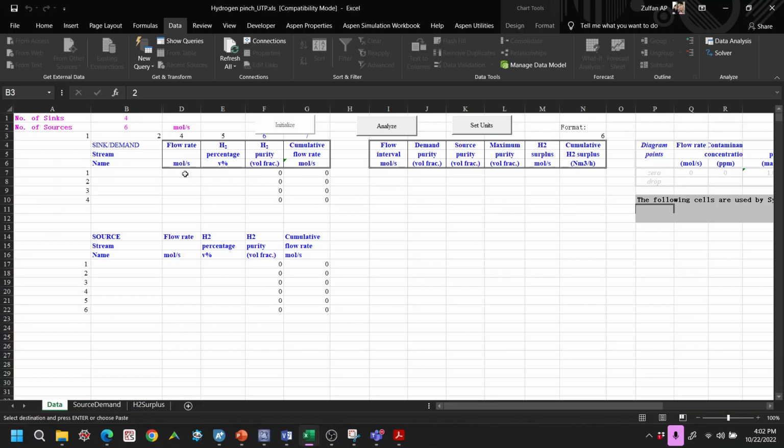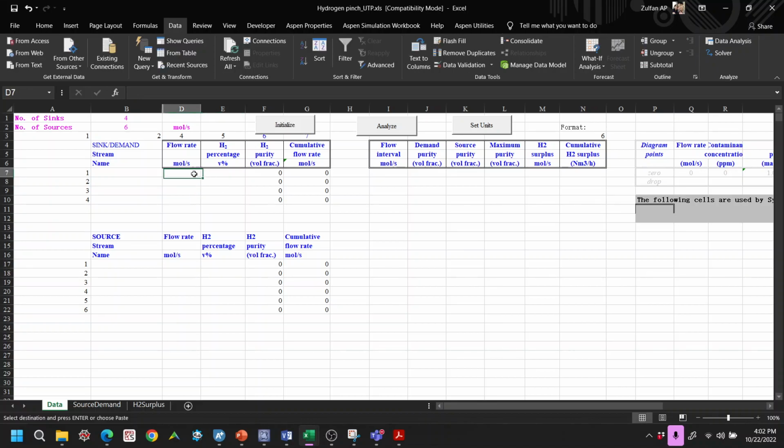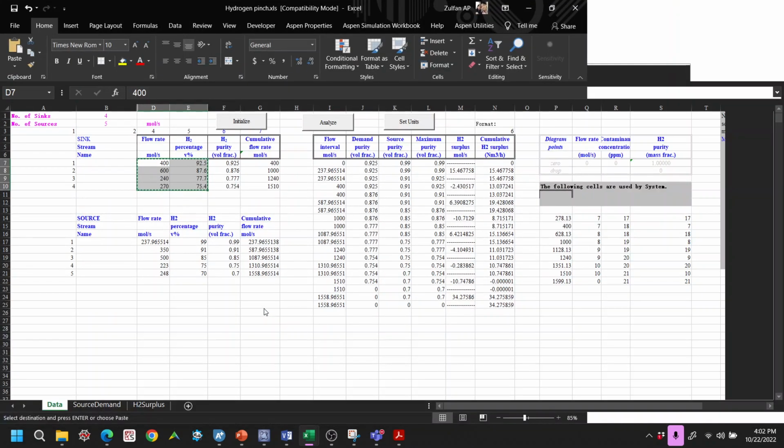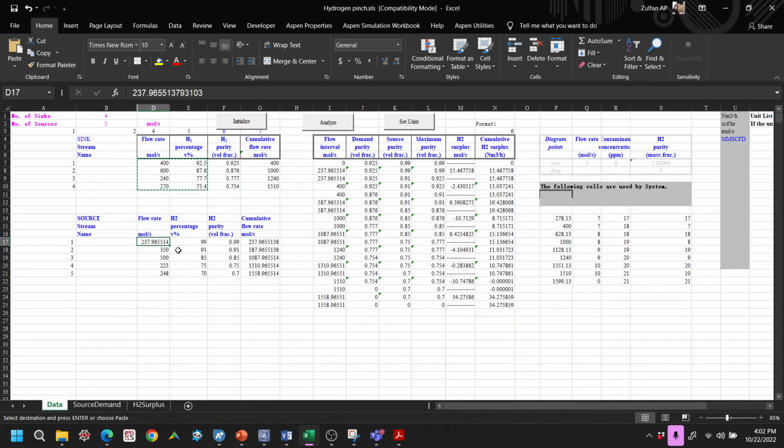Let me know if you cannot understand what I'm doing. What I'm trying to do is, I'll repeat this again. We have answered the question of how much pure hydrogen flow rate is needed, which is this number, 234 mole per second. This is the minimum hydrogen flow rate from the hydrogen plant.